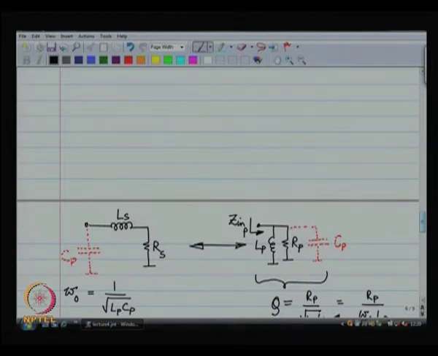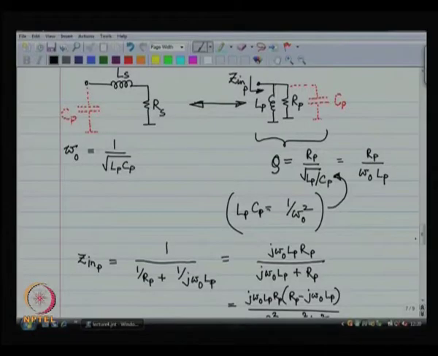So, there is no great change in the value of the inductance per se. The change is in terms of the value of resistance. When you transform it to series, it has to drop dramatically. Now, can we do a reverse transformation? Of course, we can do a reverse transformation.